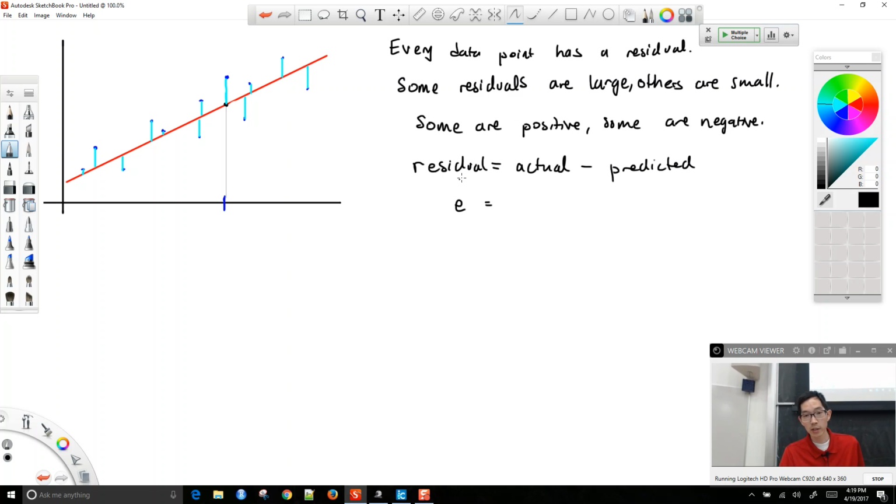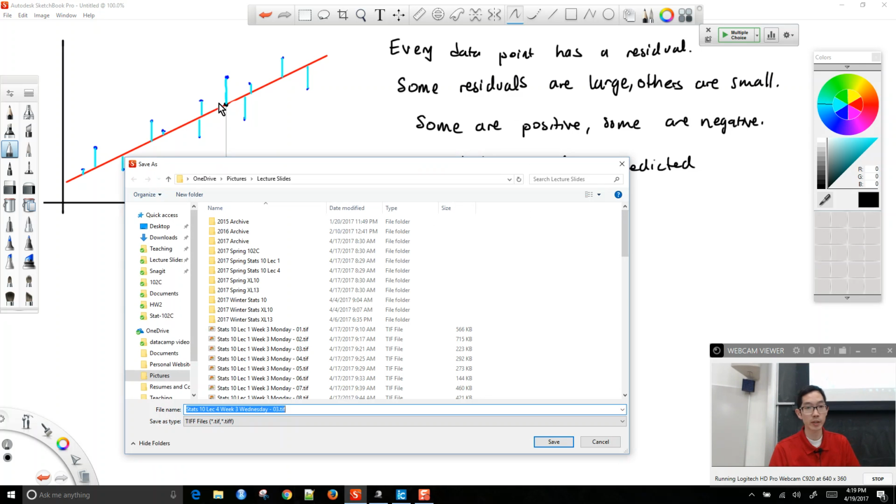Okay. Another way we can say this: the residual goes with the symbol e, kind of like an error term, and it's the actual y minus the predicted value y hat. That is the equation for residual here. Okay.